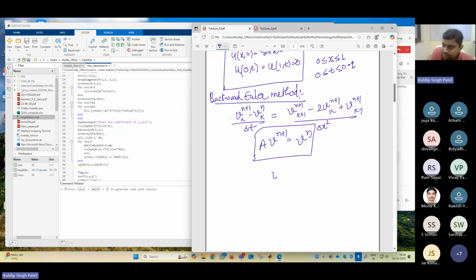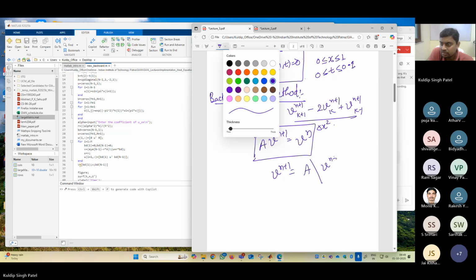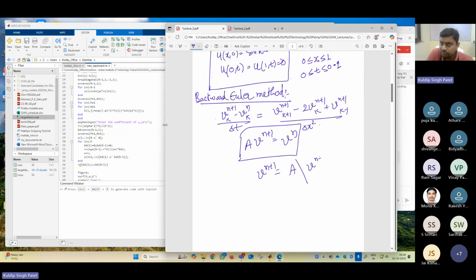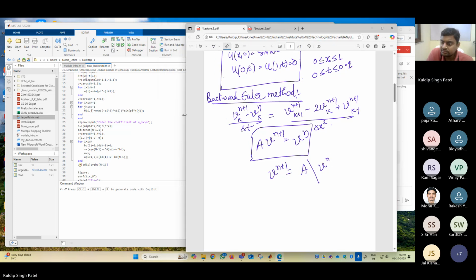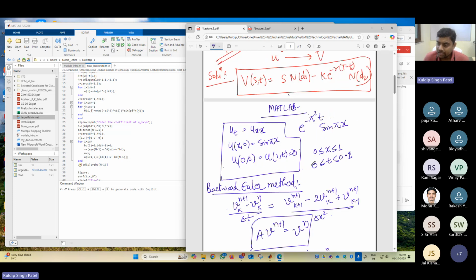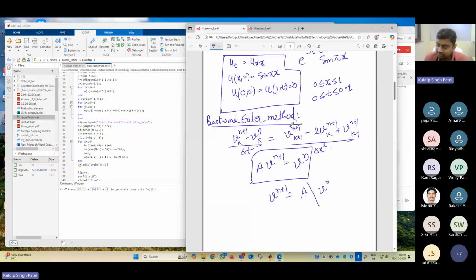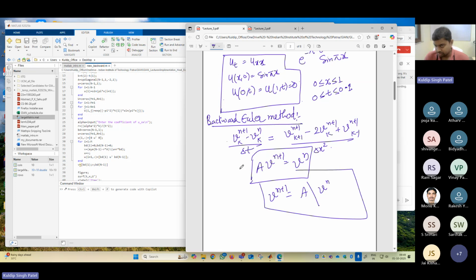So if we want to solve for Vn plus 1, what do we need to do? A slash Vn. Right? This is what we need to do. So we realized that we have a heat equation, and we want to solve it using the backward Euler method. And this is the way we have to solve it.